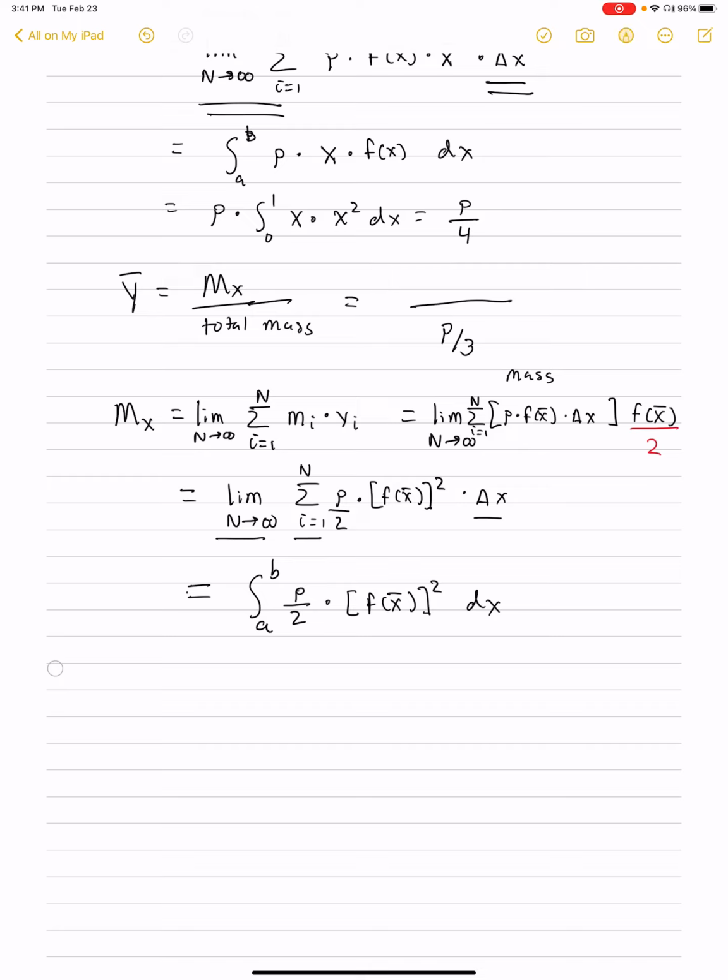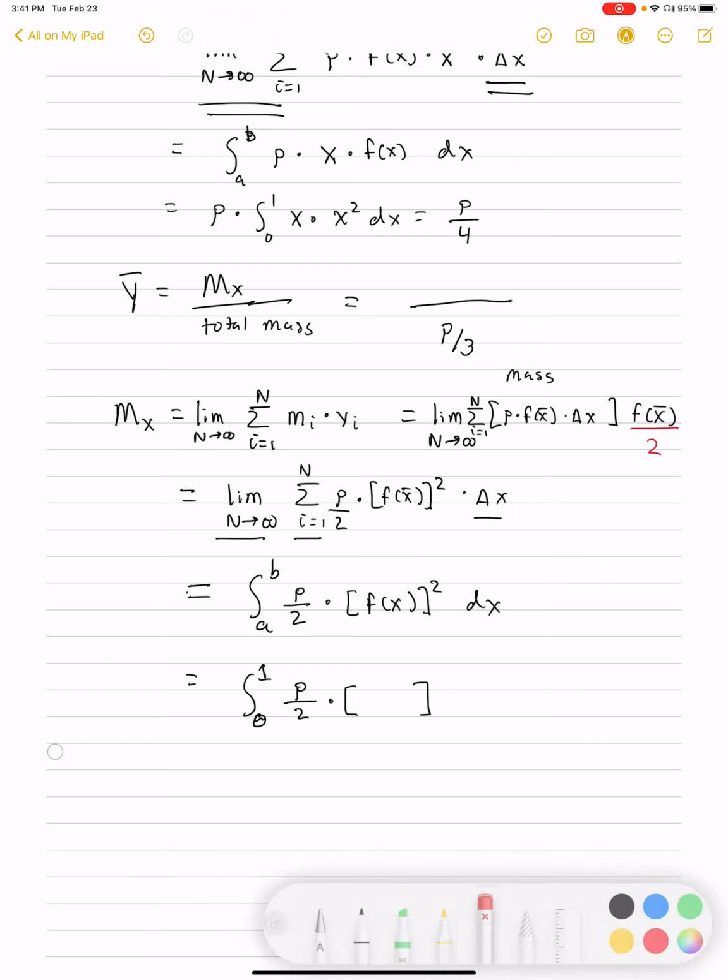And in our situation, a is 0, b is 1. I'm going to leave rho alone, and in all your problems, you can just ignore rho, the density, because it will cancel with the area. And f of x bar, well, x bar is just a symbol, so usually we just drop the bar there.